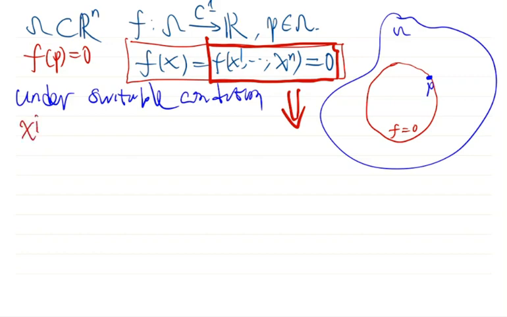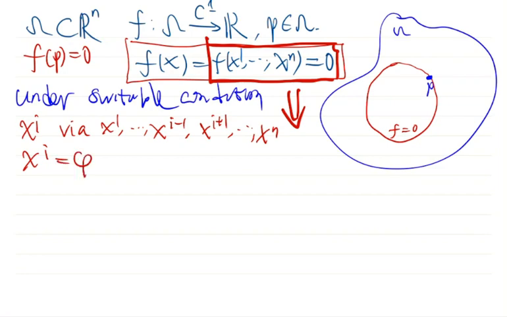Xi can be expressed from the other x's, x1, ..., xi minus 1, xi plus 1, ..., xn. Okay. Therefore, xi is a function of the other variables.